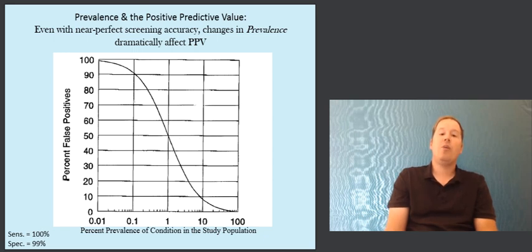And so what we can determine from today's discussion is that the accuracy of a test, counterintuitively, does not matter. What matters is the prevalence of the condition in the population. If it's a cancer, what percent of the population has cancer?